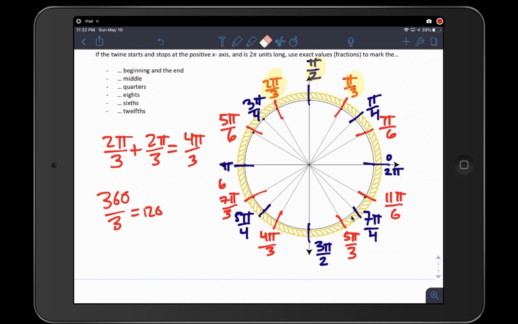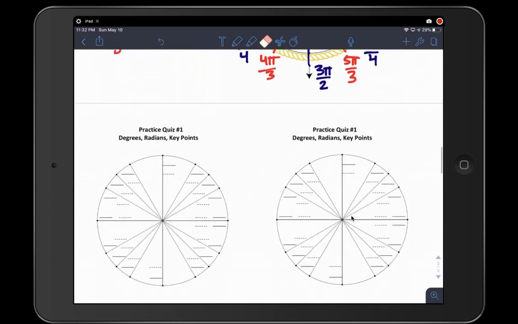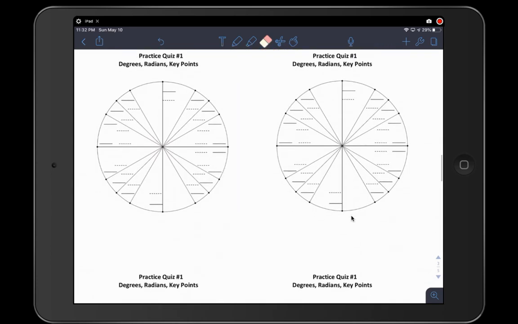Okay, so that might be enough for you today to work on. So feel free to stop here and get that practice that you need. The practice that I am giving you, I'm giving you this sheet here. You can practice as much as you want. There are tons of other ways to approach this, but I just wanted to give you the basics.